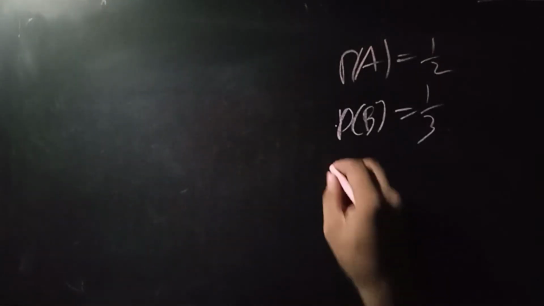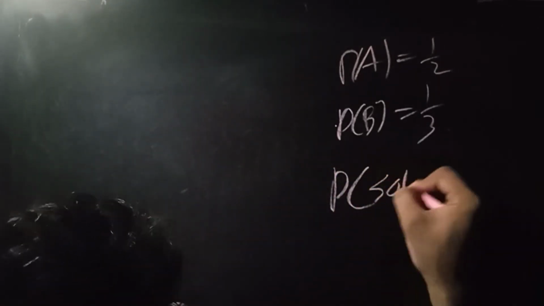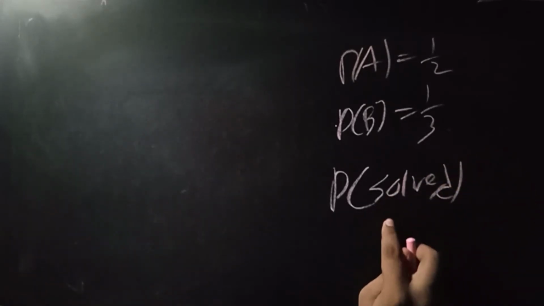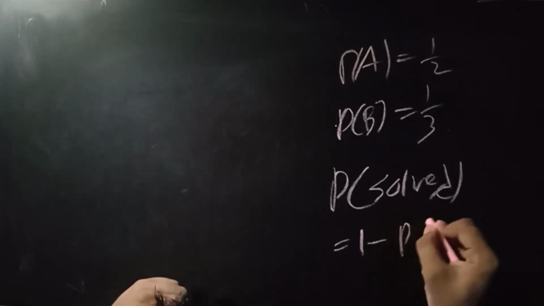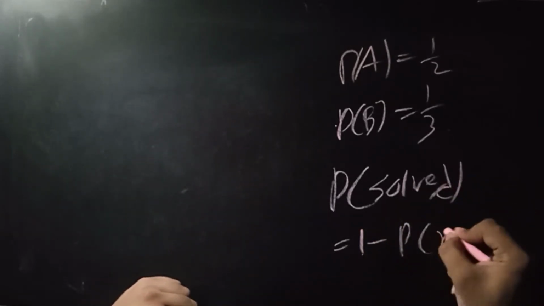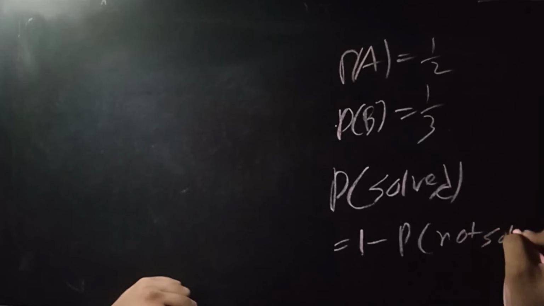Like the previous one, this can be solved as: problem solved is equal to A solved but B did not solve, plus B solved, A did not solve, plus they both solved. Hell lot of work, but we can just do 1 minus probability of problem not solved.